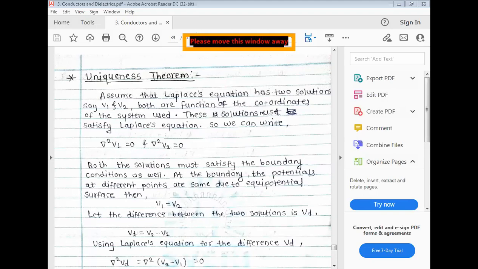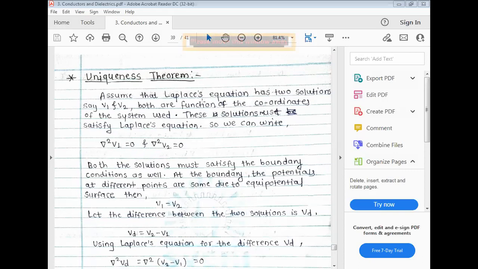So we are writing for both V1 and V2. Therefore, del square V1 is equal to 0 and del square V2 is equal to 0.